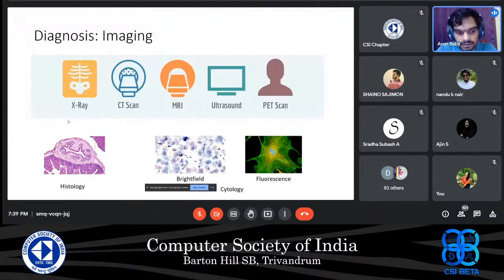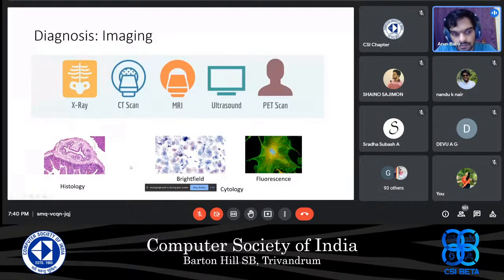Whenever someone talks about having a biopsy, they are actually doing histology. Suppose the patient is suspected of cancer. Most of the time they have to undergo a biopsy, where if they have a suspicious lump on their body, part of that lump is taken out, sliced, and imaged under the microscope.